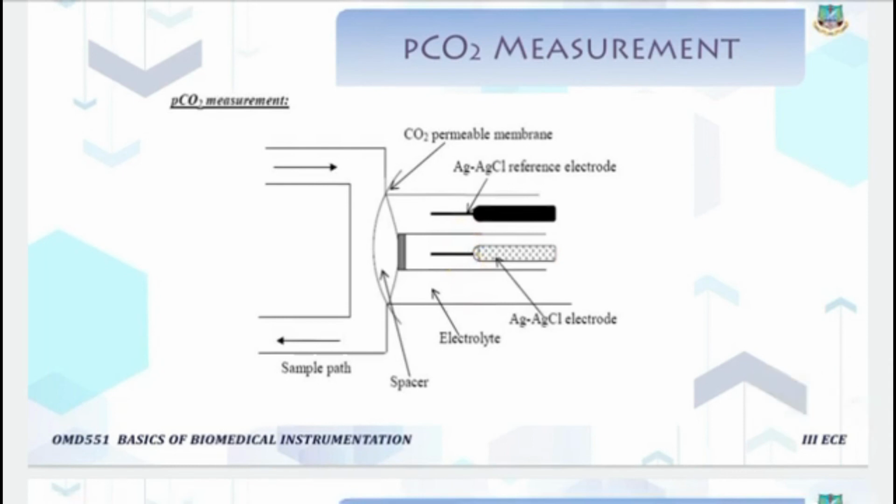It is immersed in an electrolyte solution and is separated from the sample by a carbon dioxide permeable membrane and a spacer. Here is the spacer which acts as the support for the aqueous HCO3 layer.